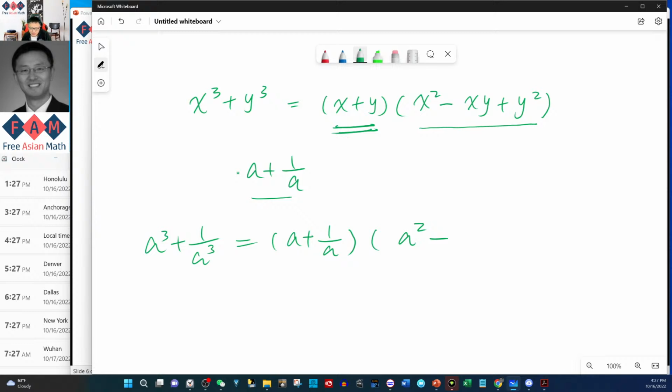The very reason earlier we can compute something like a squared plus 1 over a squared is because the original middle term is 2 times a times 1 over a. This one got cancelled out because the two are reciprocals. A and 1 over a, that's reciprocal. So they got cancelled out.